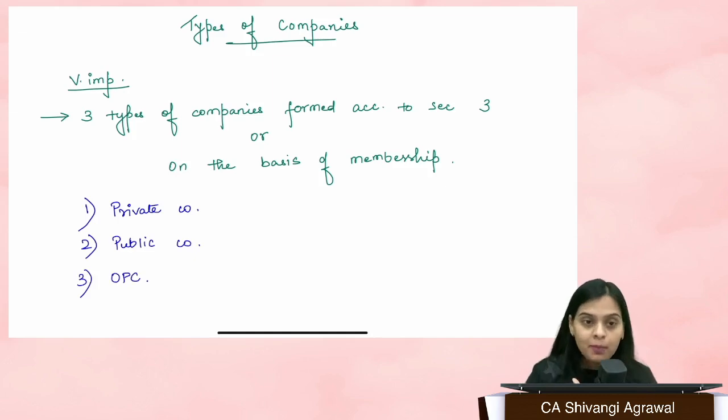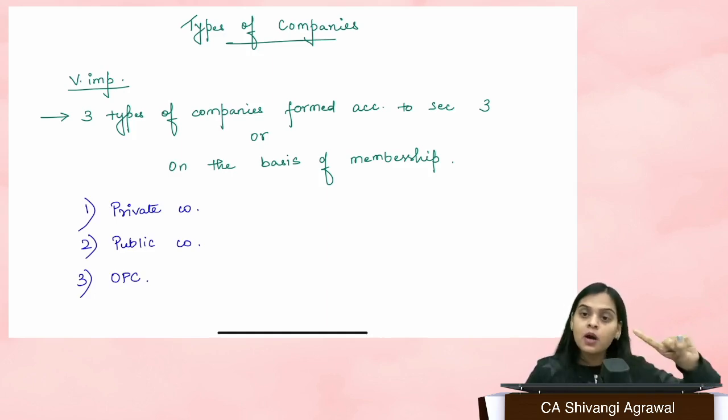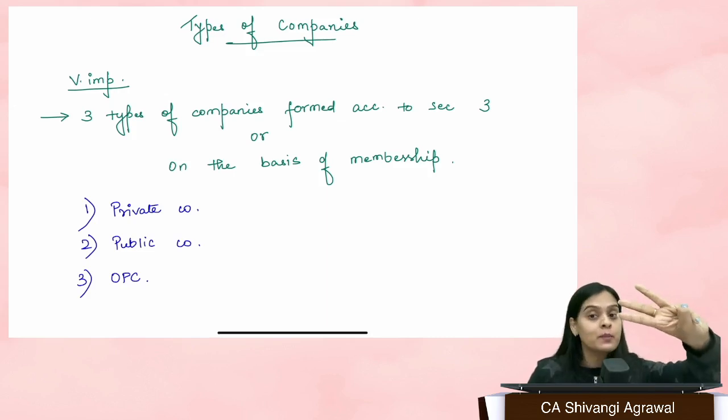You might have heard about a lot of companies, holding companies, subsidiary company, government company, not for profit companies, private company, public company, OPC, right? You have heard a lot of it. But to make it very simple, if you are forming a company, you can either form a private company or a public company or one person company.